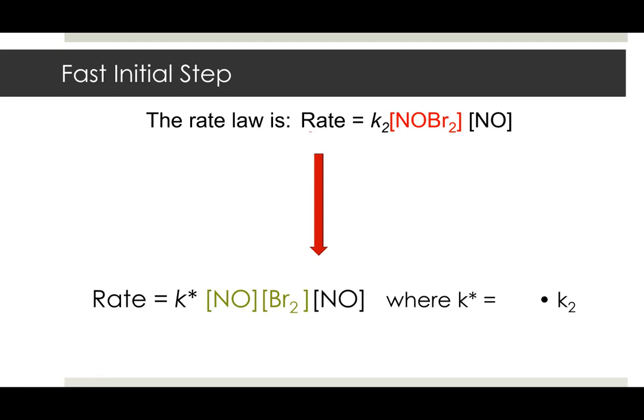So here's what we had before. So our rate law equals that K2, this the K for the second reaction. There's our intermediate. We want to get rid of that. Well, where did our intermediate come from? It came from this reaction.